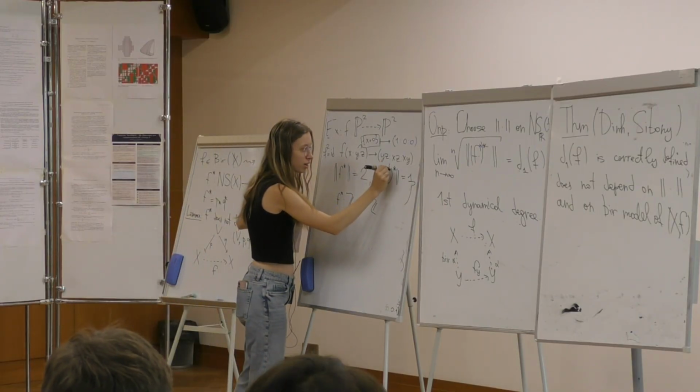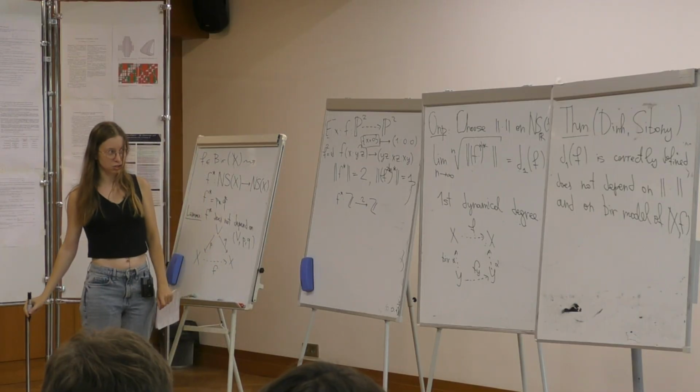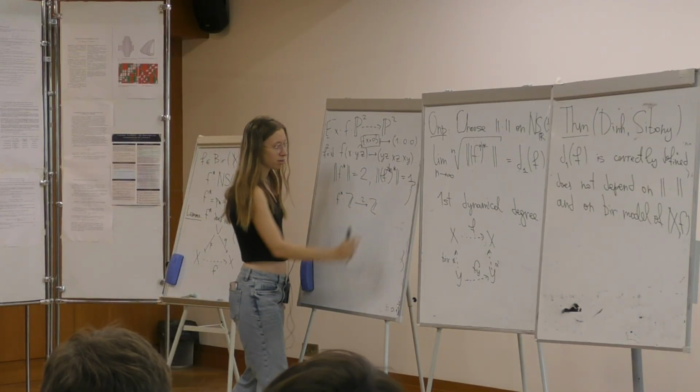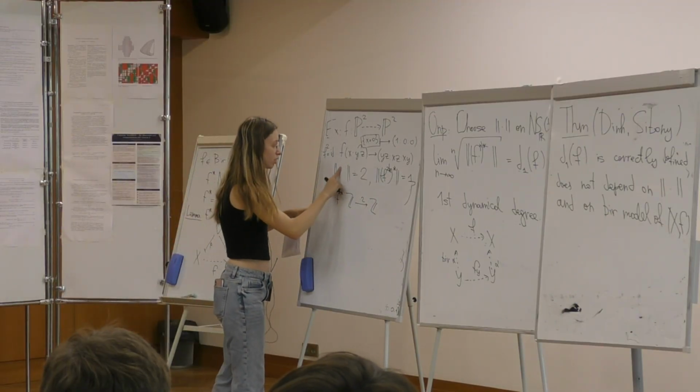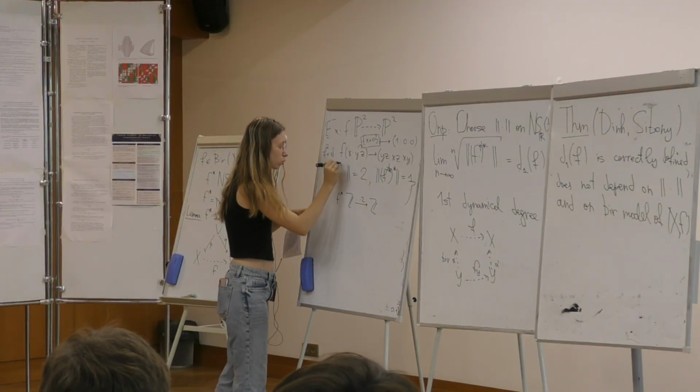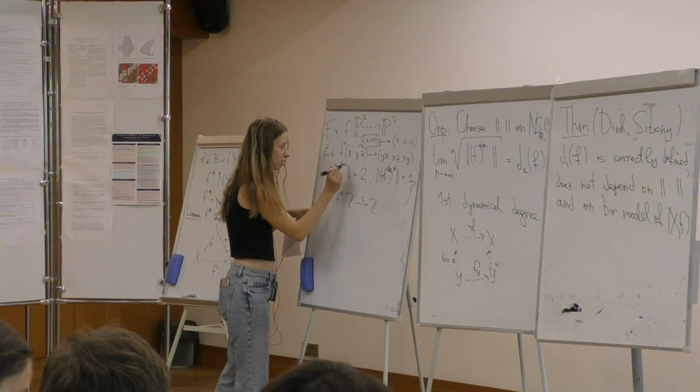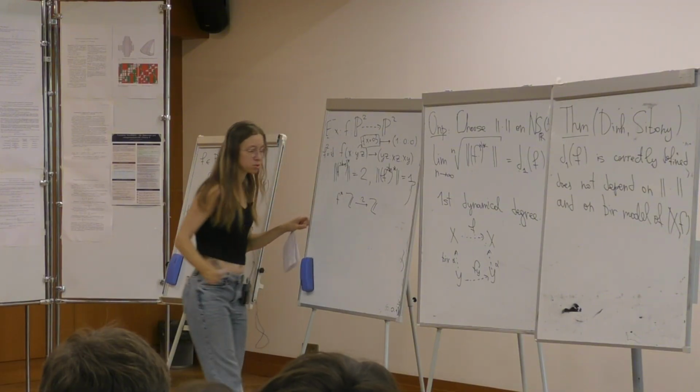Moreover, for each integer k, the norm of f to the power 2k equals 1, and the norm of f to the power 2k plus 1 equals 2.